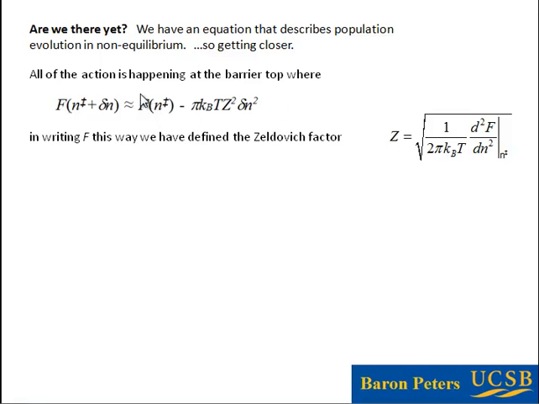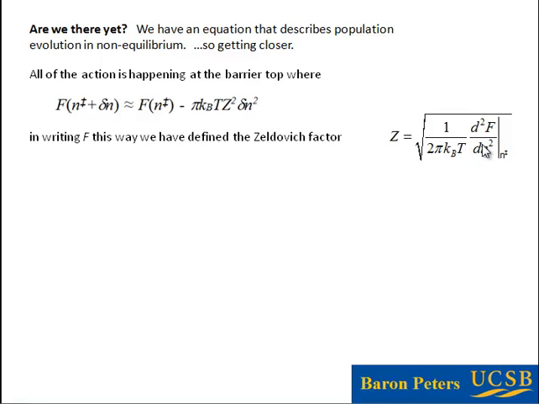And near the top of the barrier, we're going to do the usual thing, and we're going to approximate the shape of the free energy profile as a parabola. Okay, so this is just a Taylor approximation. Normally you would see a 1/2 times the second derivative of the free energy with respect to n here, and then multiplied by the squared displacement from the top of the barrier. That's this delta n squared.